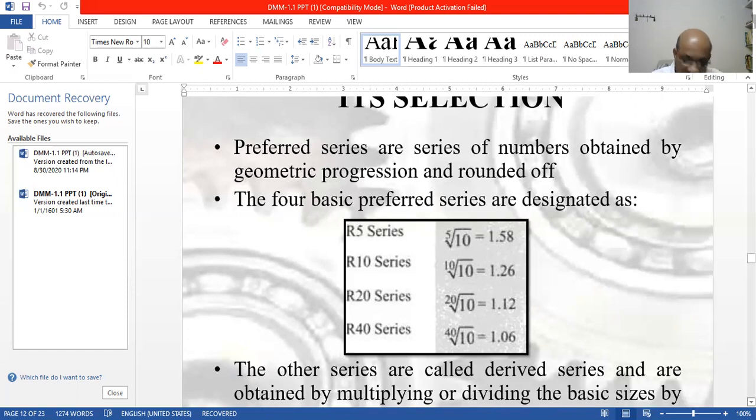Next, generally, the R5 series comes under this. It starts from 1, 1.60, 2.50, 4.00, 6.30, and 10.00.